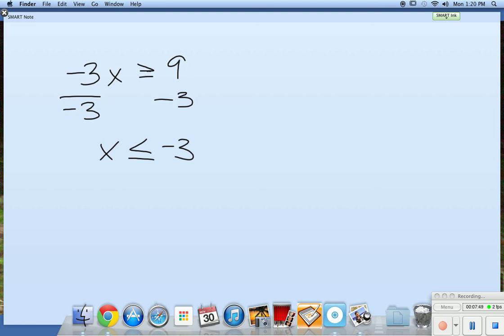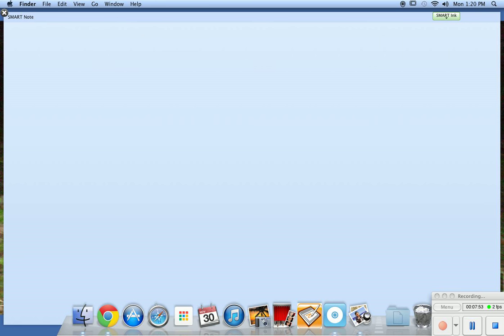One other thing I want to show you, because you'll need to know this too. The square root of 5x plus 4 is less than or equal to 8.